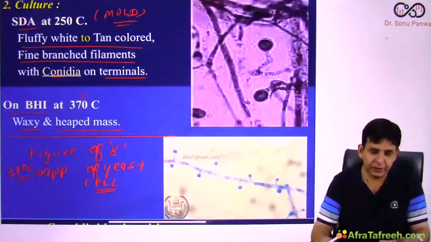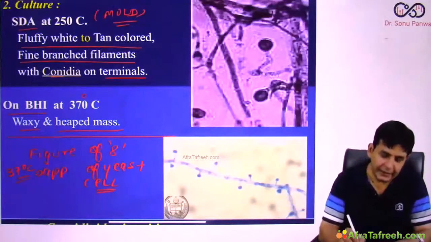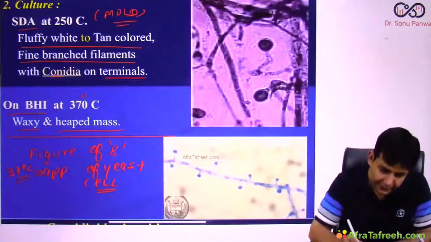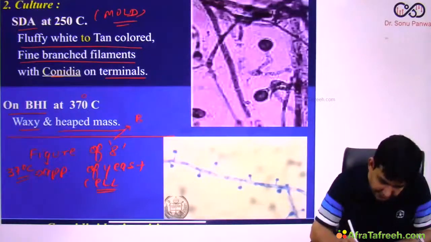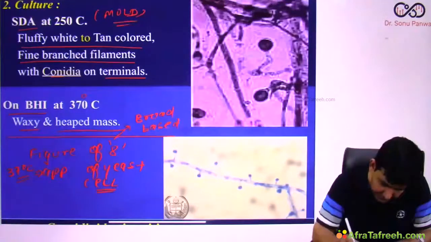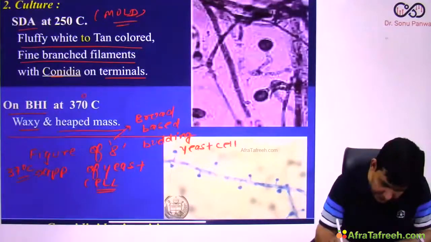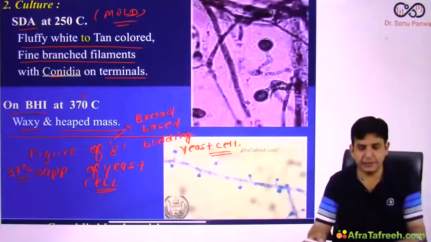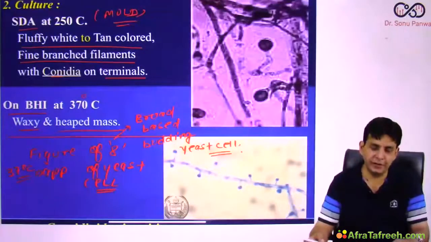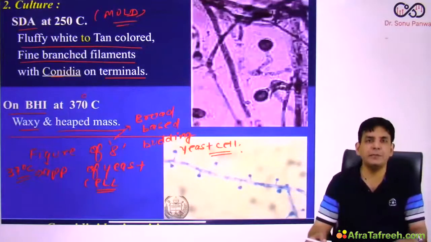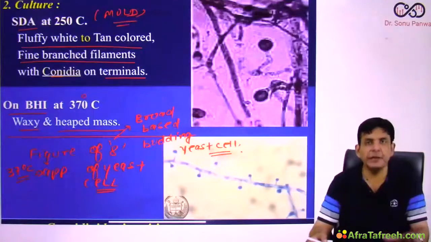Okay, so that also you need to remember, the figure of 8. And the other name of this figure of 8 is what? The other name of the same thing is broad based budding yeast cell. So you need to remember, figure of 8 or broad based budding. That is typical of blasto.